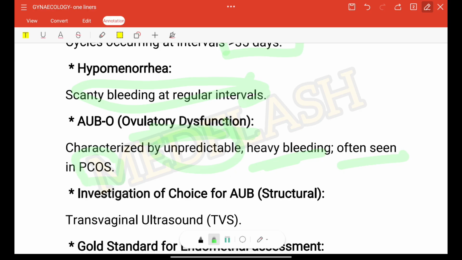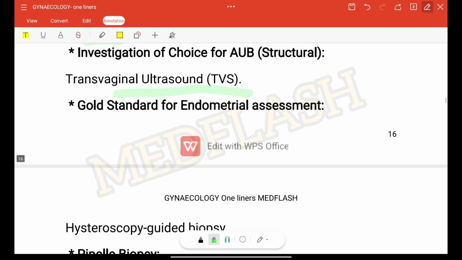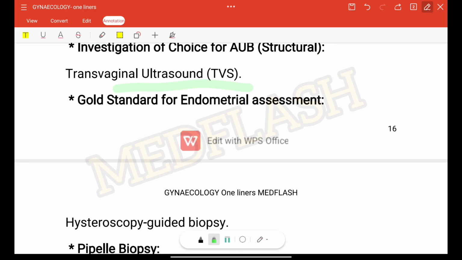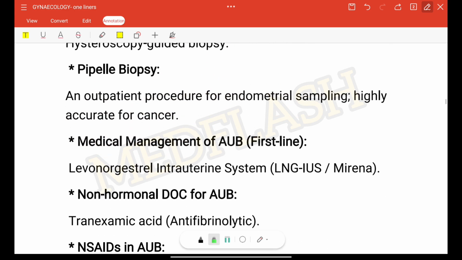Investigation of choice for AUB is transvaginal ultrasound. Gold standard for endometrial assessment: hysteroscopy-guided biopsy. Pipelle biopsy is an outpatient procedure for endometrial sampling, highly accurate for cancer.